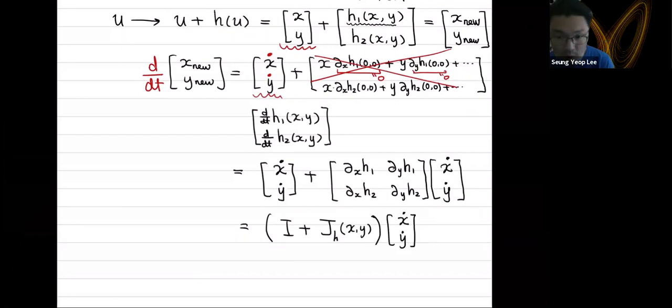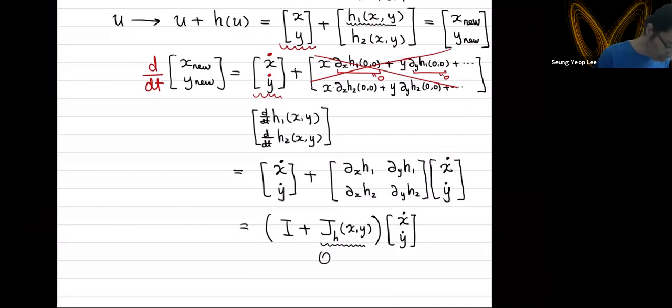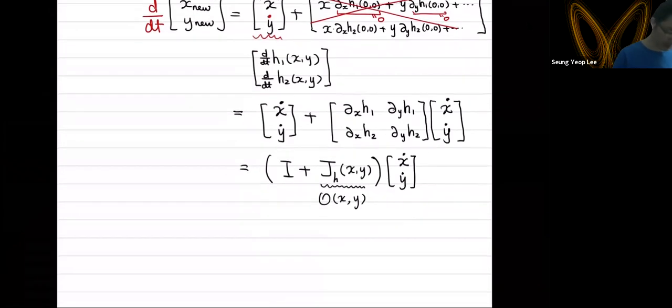We assume h1, h2 are quadratic in the Taylor series expansion, so this Jacobian will start from the linear term, O of x and y, since h is quadratic in x and y. So the single derivative of that is big O of x and y.